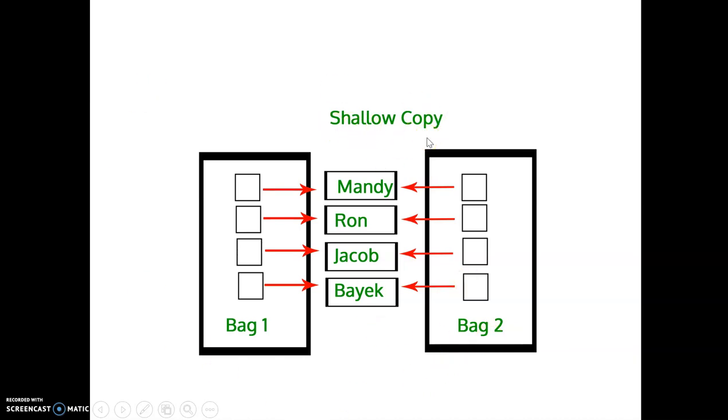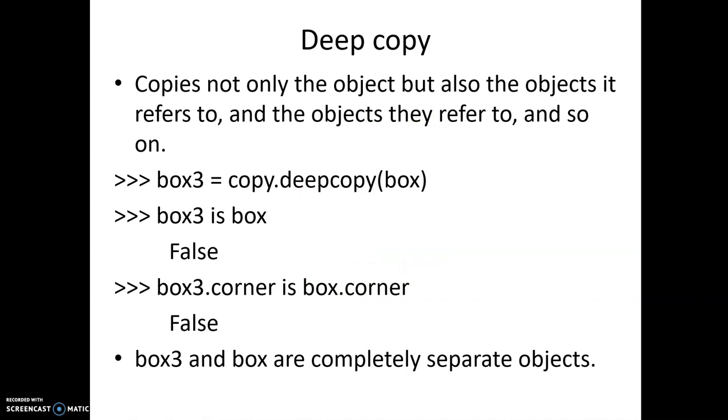In contrast to this shallow copy, we have one more method of copy known as a deep copy. In this, we copy not only the object but also the objects it refers to, and the objects they refer to, and so on. How to use this deep copy is the same way.